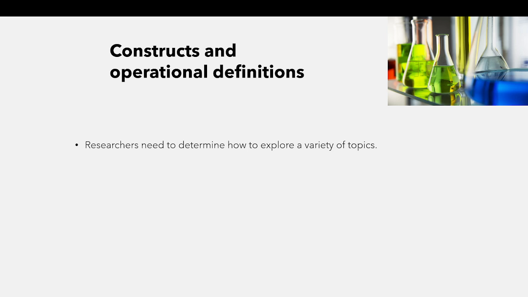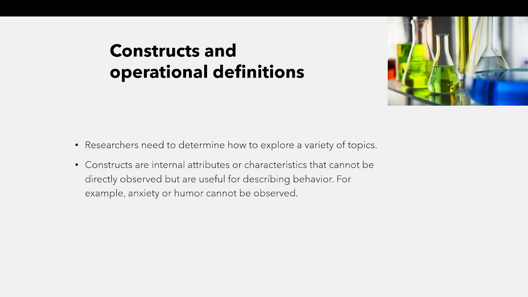So researchers need to determine how to explore a variety of topics. Constructs are internal attributes or characteristics that cannot be directly observed but are useful for describing behavior. For example, if I use terms like anxiety or humor, these are terms that are helpful for describing behavior, but they can't really be observed.